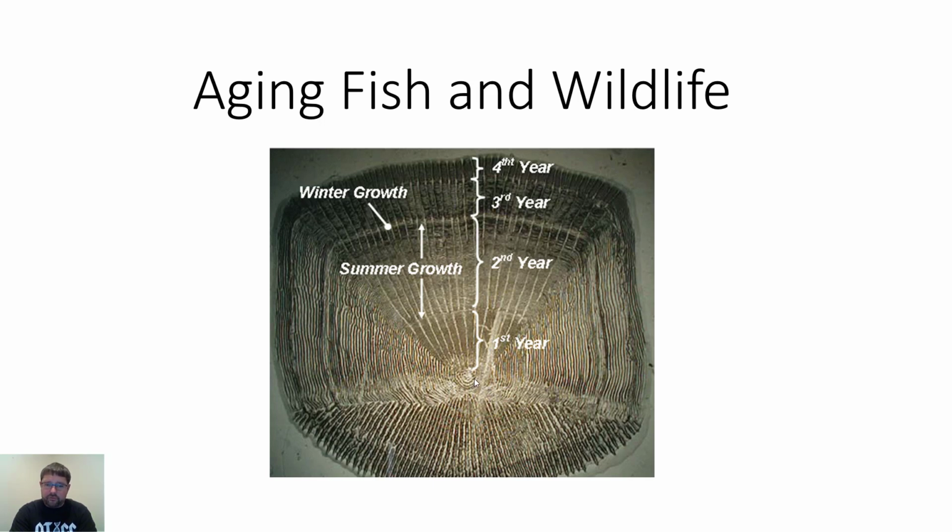You can see kind of a circle right here. This is called the focus, and that's really the starting point of the scale. So when the scale started to grow, it was about that size, the center dot. That's the initial period, and then just like tree rings, material is being added to the outside of the scale or of the tree.